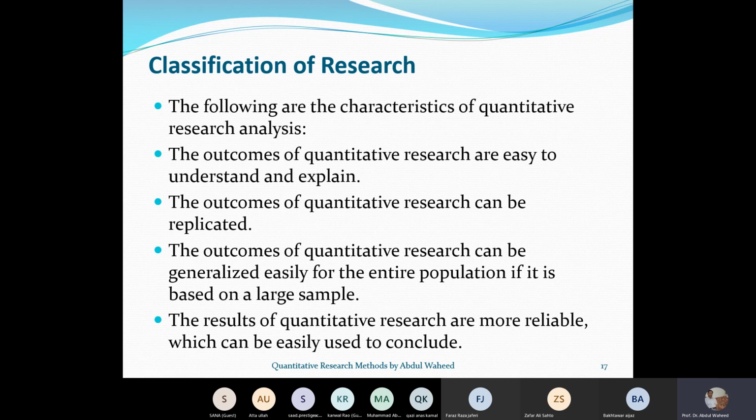So we can come up with the same conclusion, if we are using the same data. So in quantitative research, we can come up with the same conclusion and we can replicate the results.